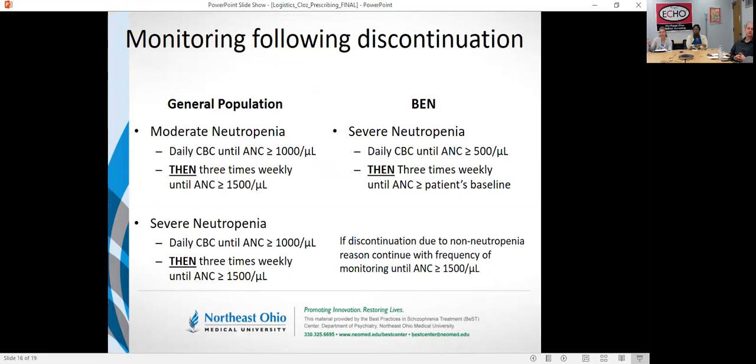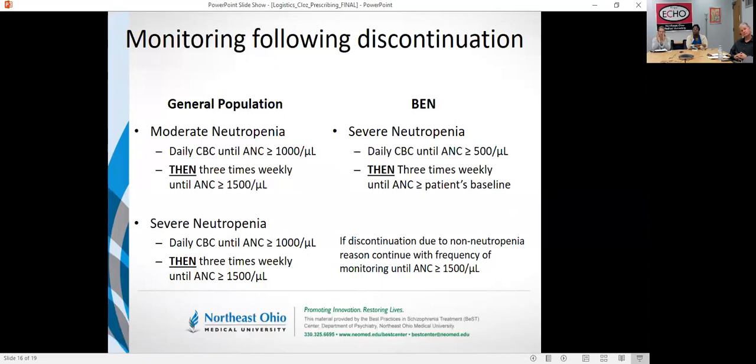For those BEN patients, daily checks until the ANC is above 500, then 3 times weekly until that ANC is at least above 1,000. So continue checking. We need to keep doing those blood draws, even if the patient is off of their clozapine, especially if they develop neutropenia.